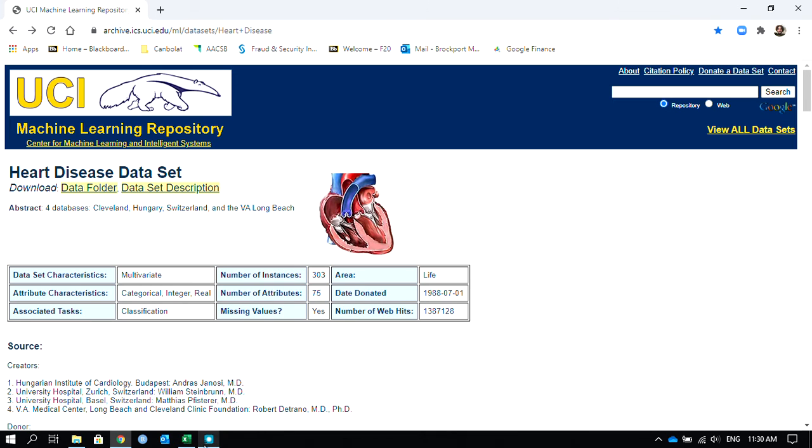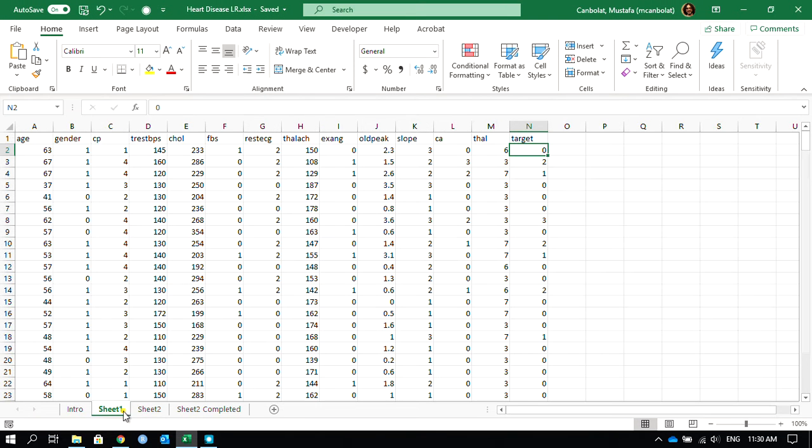Let's get started. So here is my data set, and the data set just indicates the age, gender, and a lot of medical information, and then the target value is whether or not the person has heart disease. And here you are seeing 0, 1, 2, 3, 4. 0 means that the person does not have heart disease, and 1, 2, 3, 4 have some kind of heart disease.